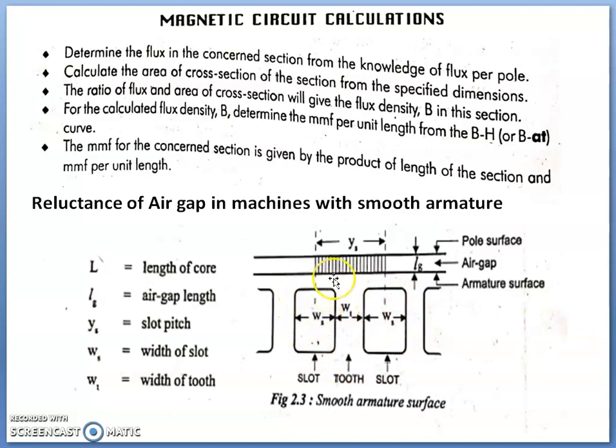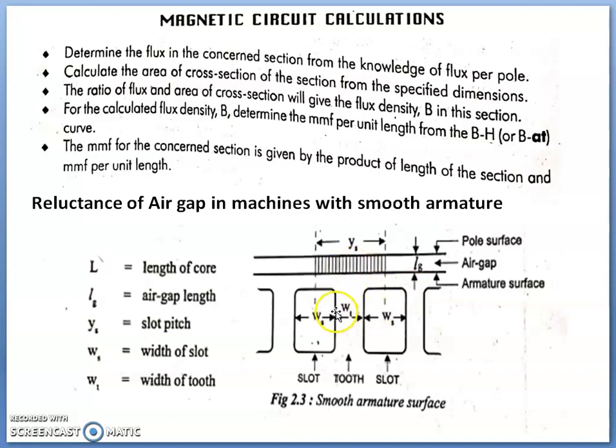So if it is a closed slot, the outer periphery of the armature surface will also be smooth like a pole surface. So in a closed slot machine, DC machine or AC machine, whatever it may be, both the pole surface as well as the armature surface will be smooth in nature. But if it is an open slot, then it will not be smooth because it will have tooth portion and slot portion.